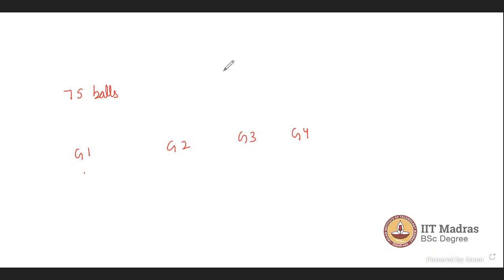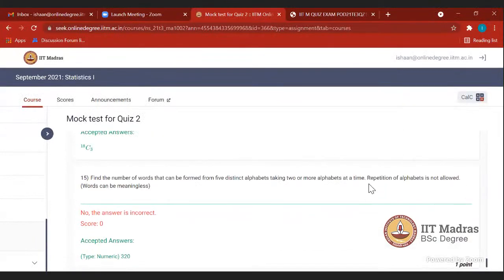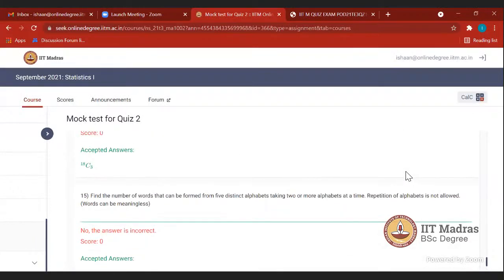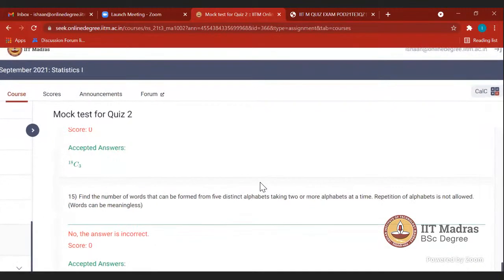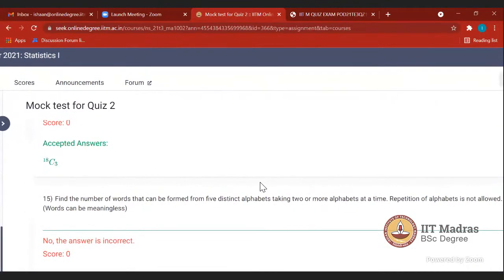Sir, in the previous question, the 320 answer one, can we do total minus no alphabets, because it is 2 or more at a time?